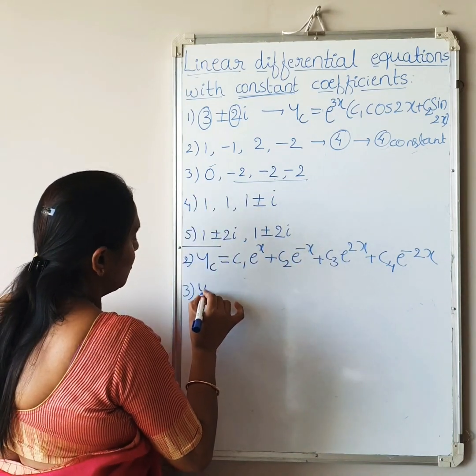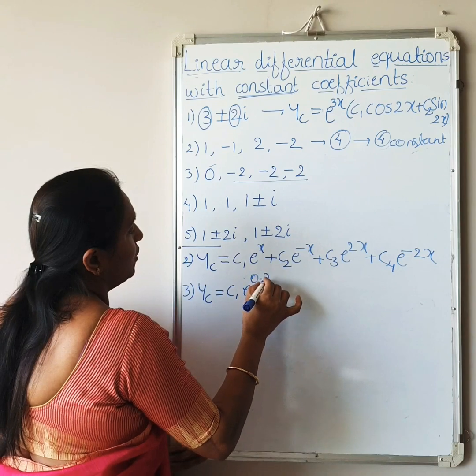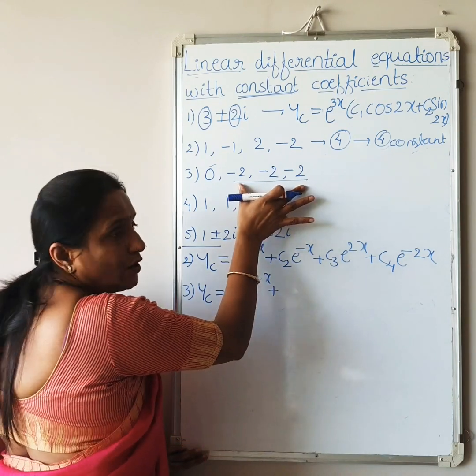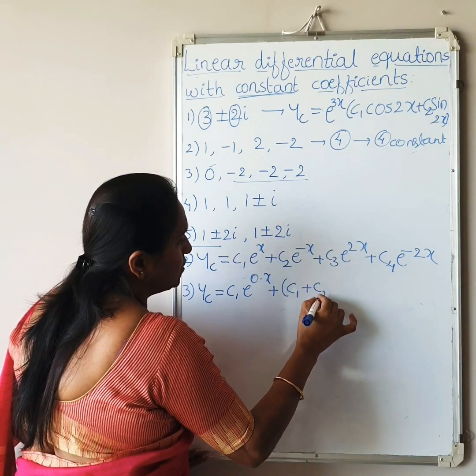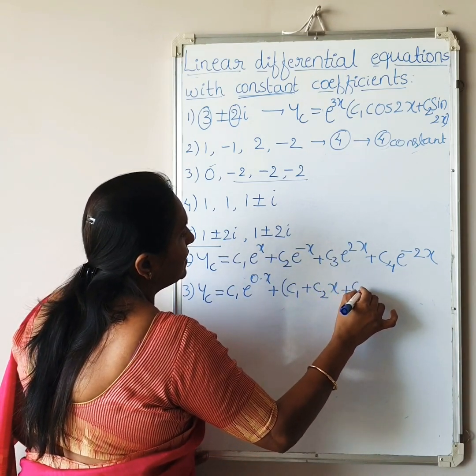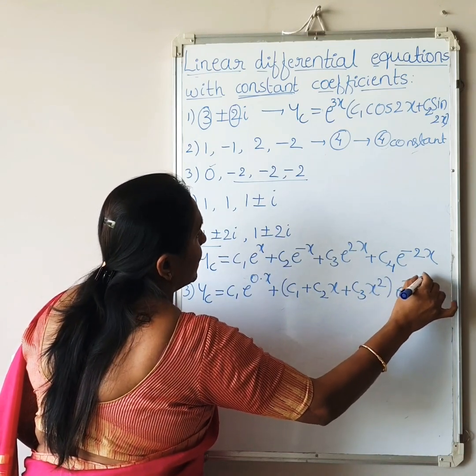For this one, yc is equal to c1 e raised to 0 into x plus, here 3 roots are equal, for that one, (c1 plus c2x plus c3x square) e raised to minus 2x.